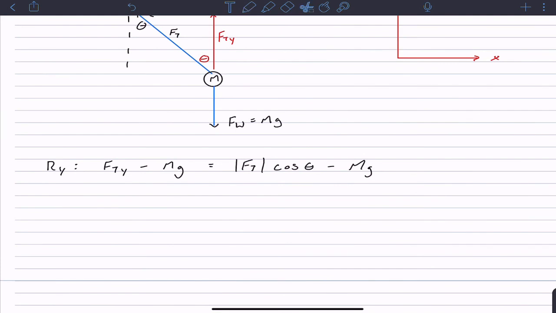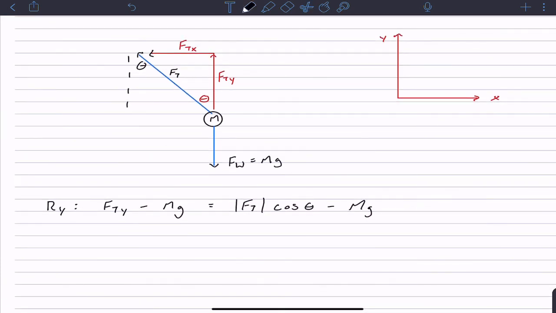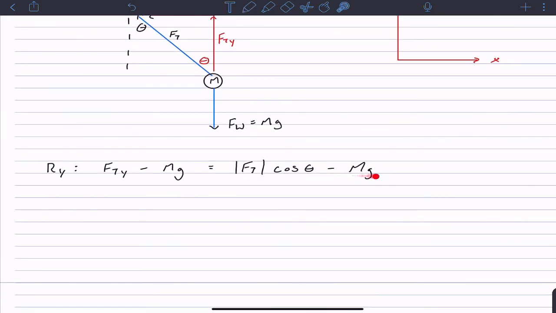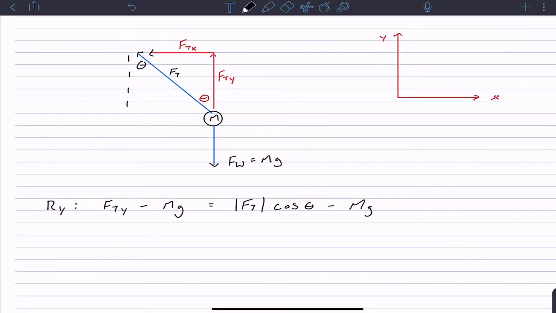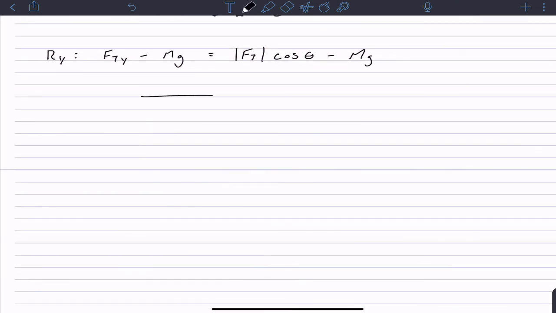Now, one thing we can do is say that in equilibrium, these two things are going to be equivalent, and since those are the only two y component forces that we have, let's put this in equilibrium. The tension force has no x direction component in this situation, so these two things are equal.